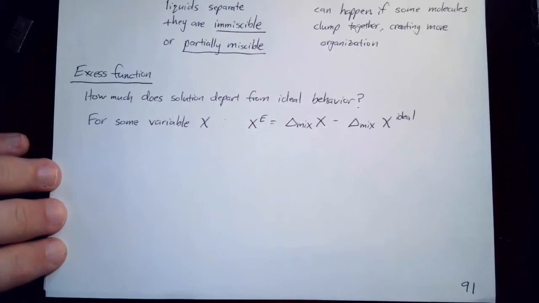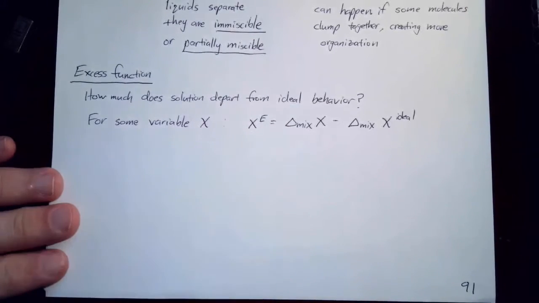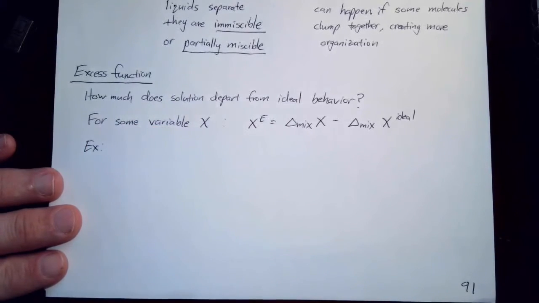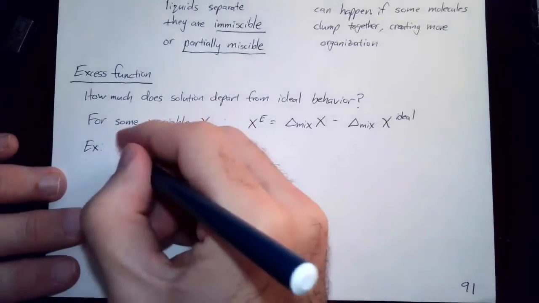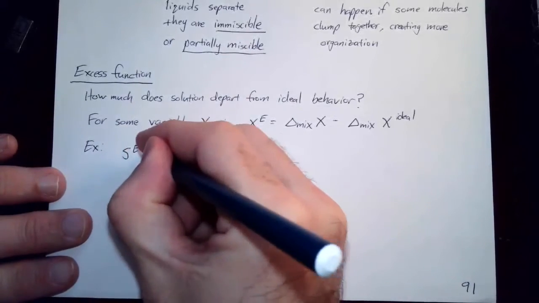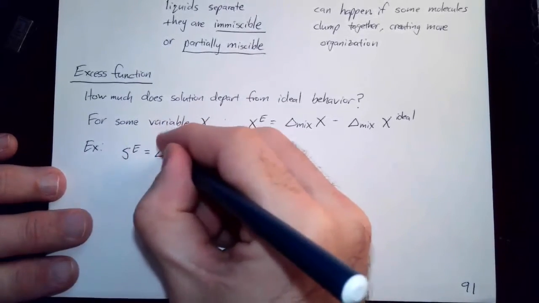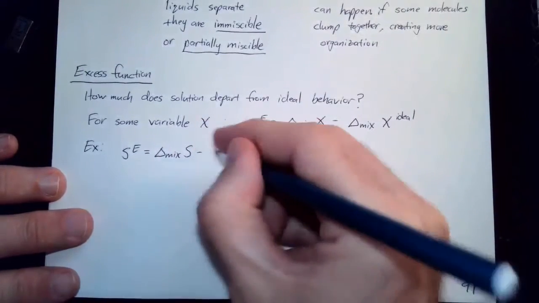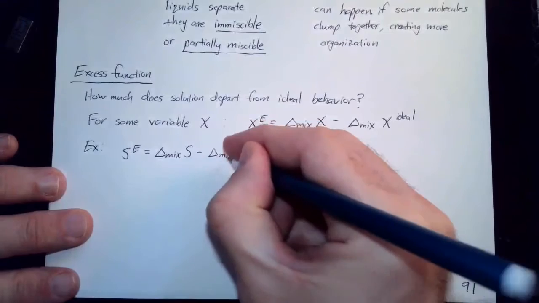Okay, so let me show you a few examples. Let's say the thermodynamic variable is S. For S, the excess entropy is the actual mixing entropy minus the ideal.